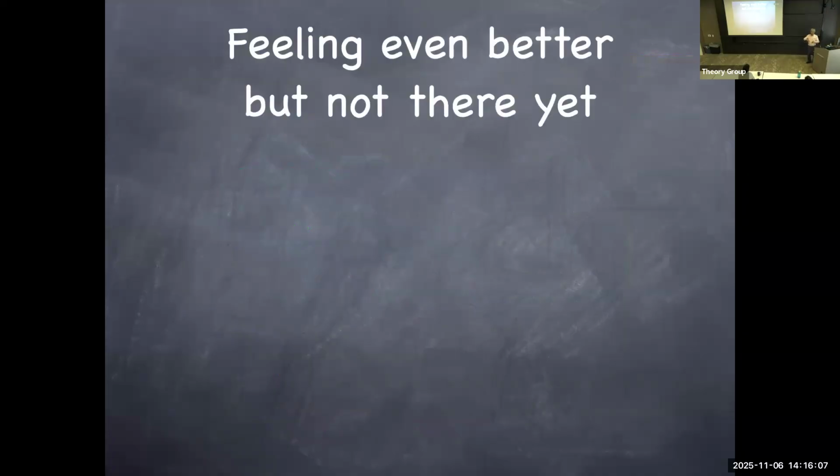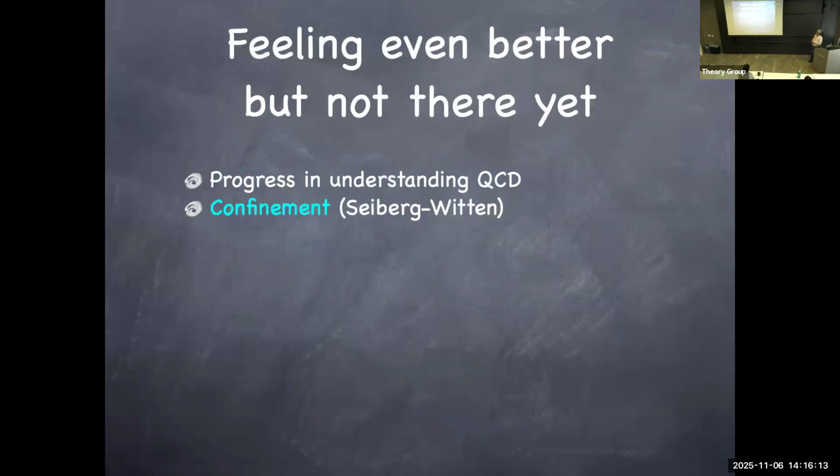And of course, there had been great progress in the 90s, where Seiberg and Witten started to produce exact solutions to spherical cow supersymmetric gauge theories, which is still not quite the same as QCD, but at least in this case, you can solve the theory exactly.